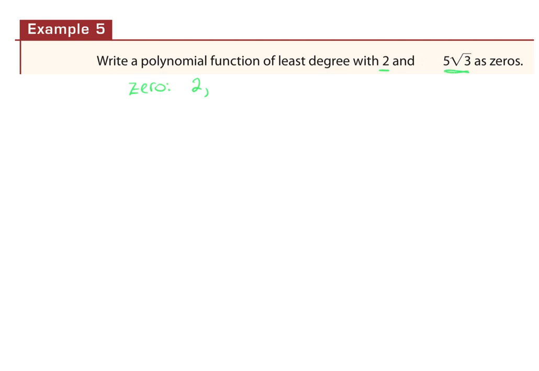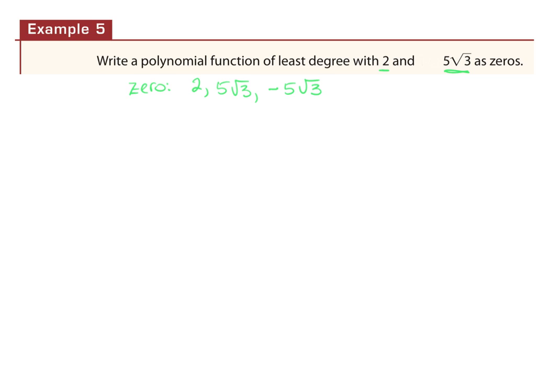They've given me this guy, so another 0 is going to be 5 square root of 3. But that one is irrational, so what do I need to assume? Well, I'm going to have one more 0 that's going to be -5 square root of 3. All right? Does everybody see that? Now, that means my polynomial will have a degree of 3.